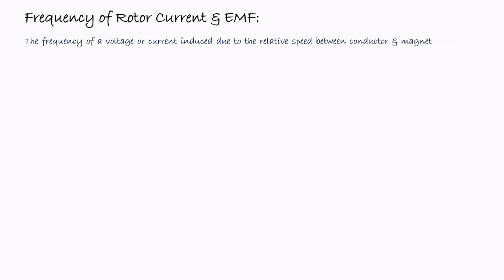First of all, we will discuss the frequency of the rotor current and EMF induced in the rotor circuit. The frequency of a voltage or current induced due to the relative speed between the conductor and the magnetic field is given by the formula F = P N / 120.